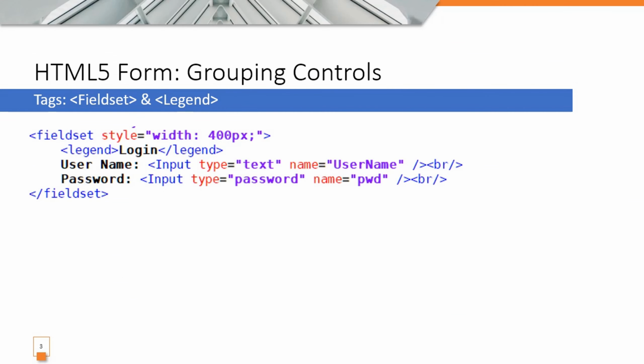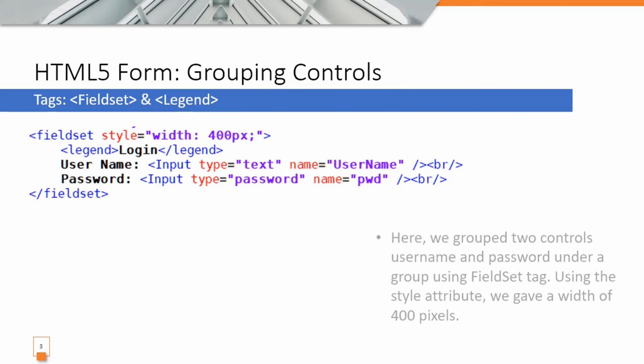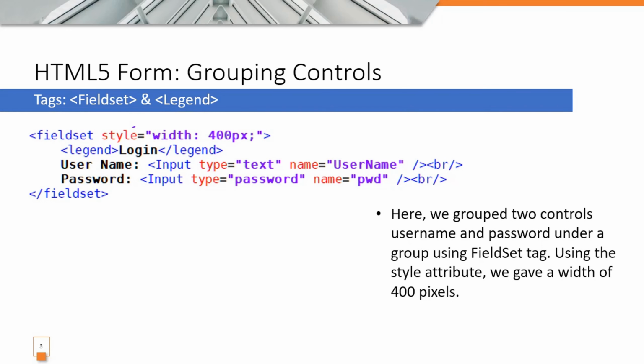So here is an example. Here we grouped two controls, and you can see there are two input tags. We grouped these two controls, username and password, under a group using a field set tag. The outer shell is a field set, and we set a style attribute with 400 pixel width.